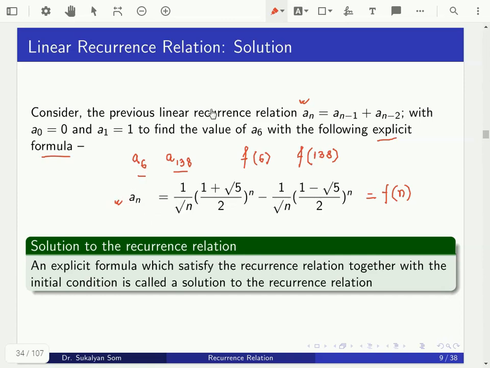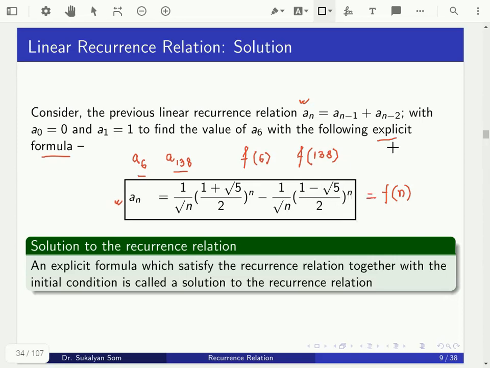We call this kind of an explicit formula the solution to a given recurrence relation. So if we want to define formally, we can say that an explicit formula which satisfies the recurrence relation together with its initial condition is known as a solution to the recurrence relation.